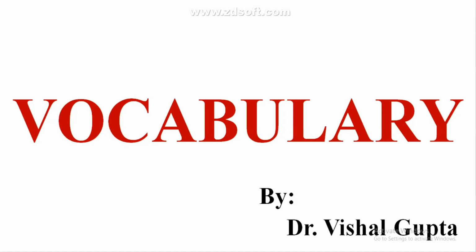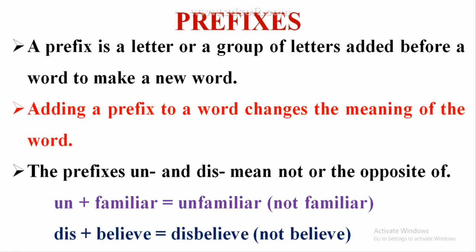Today in this video, I am going to cover vocabulary. First topic is prefixes. A prefix is a letter or a group of letters added before a word to make a new word. Adding a prefix to a word changes the meaning of the word. The prefixes un and dis mean not or the opposite of.